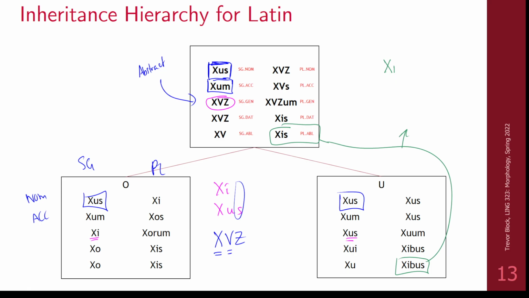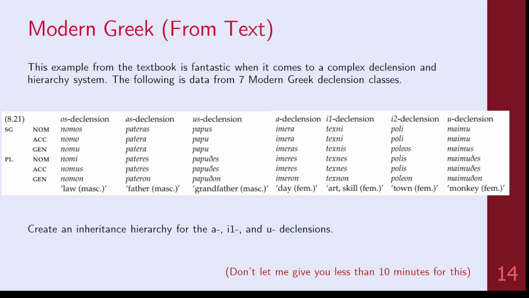Okay, so here is an example of a generalization, and we're basically just doing it for each parent going up. Now, when things get really complicated, and this is in the textbook, you can have, say, 7 declension classes, and you can create a hierarchy for all of these that are multiple levels deep.